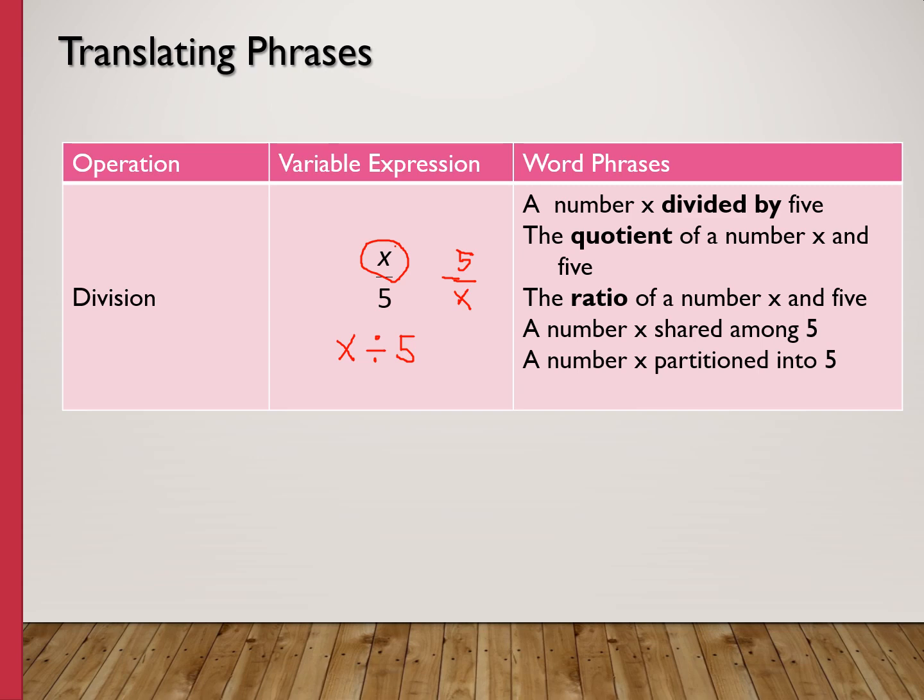Mahalaga dito ang order. That's why dun sa kaunahan natin na slide, nakita ninyo na when it comes to division, order is important. Gagamitin ninyo kapag nakita ninyo yung divided by, yung quotient, yung ratio, shared among, and partitioned into. So, ibig sabihin nun, it is division.